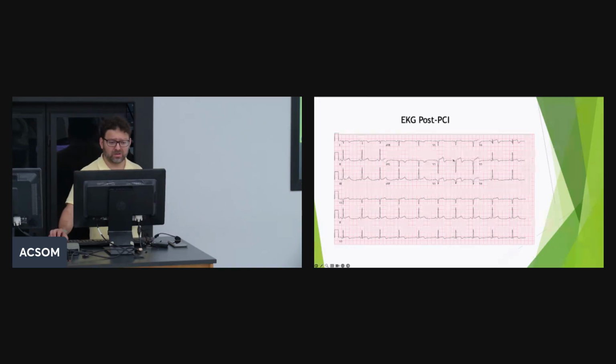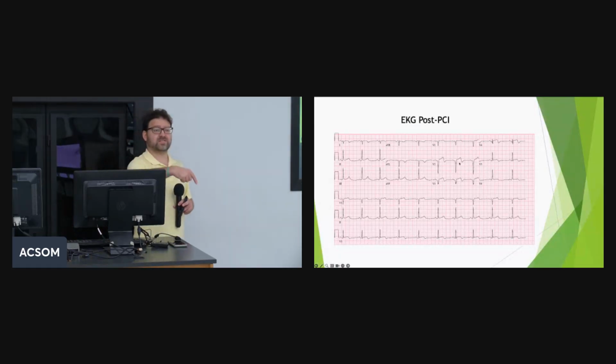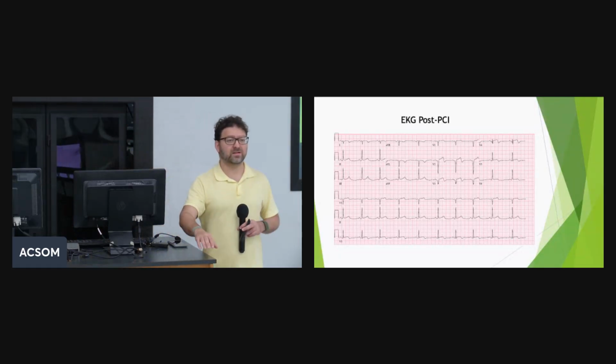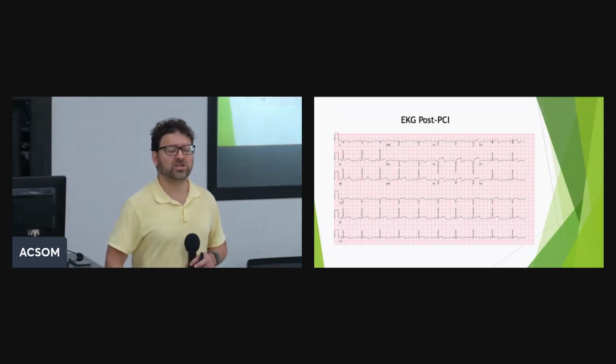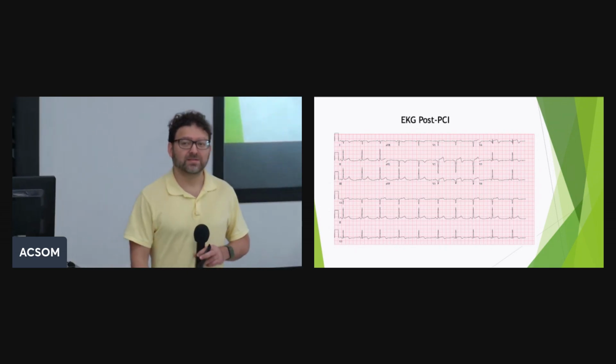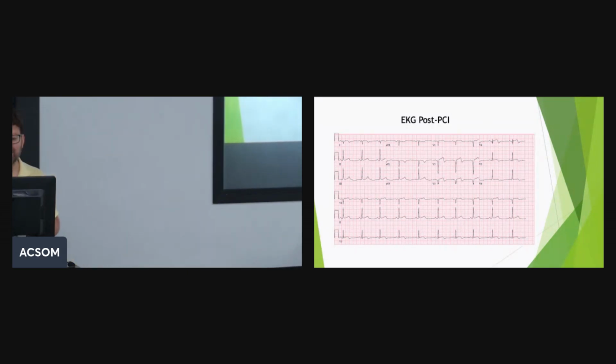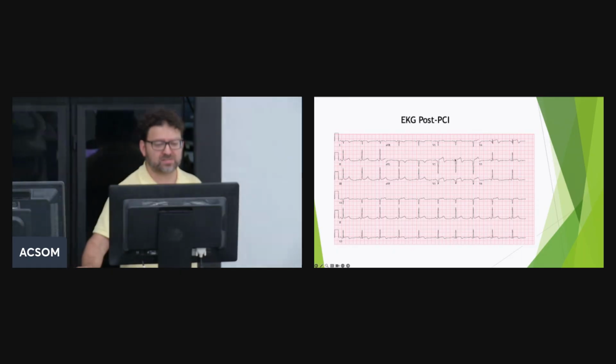Very abnormal, right? ST elevation with a biphasic T wave, right? Very abnormal, and you did not see this on his ECG. Now go back to your other statement. What was your other statement? Q waves. Look how abnormal this is. There is no upward deflection here. You have lost your R wave.